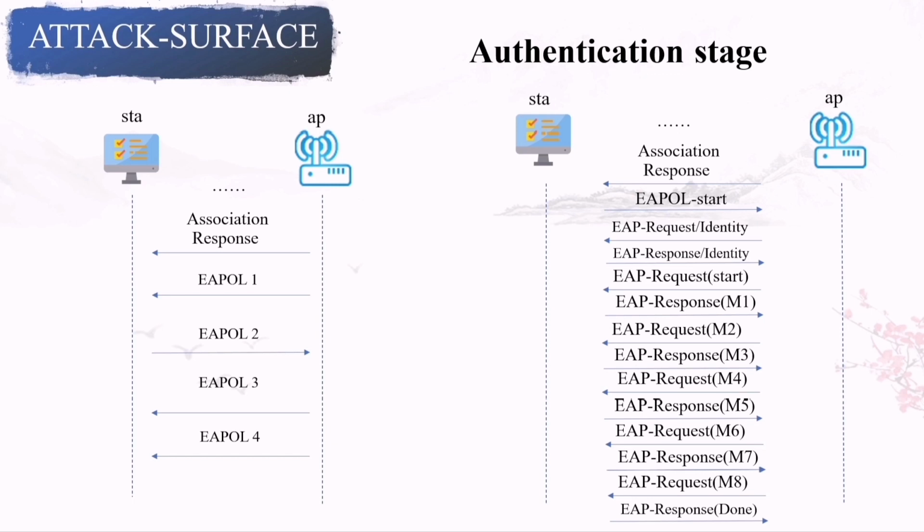The more complex one is the eight-way handshake authentication of WPS, and more complex still is the authentication of enterprise WPA. This stage involves more computation of cryptographic algorithms, and attacks based on algorithmic vulnerabilities usually occur at this stage, for example the KRACK vulnerability. Of course, there is also the possibility of memory corruption vulnerabilities.